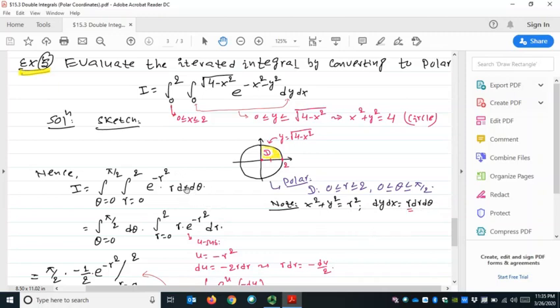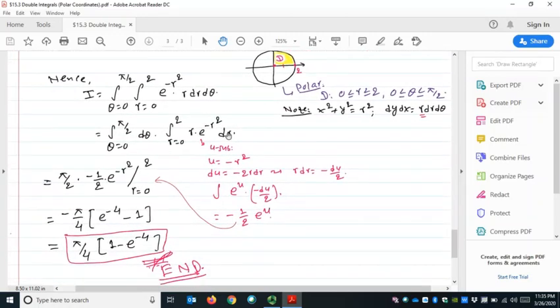Hopefully this conversion makes sense to you. Great, let's move on. Here we can integrate separately. The integral over theta from 0 to pi over 2 is simply theta, and putting in the upper limit, it is pi over 2.